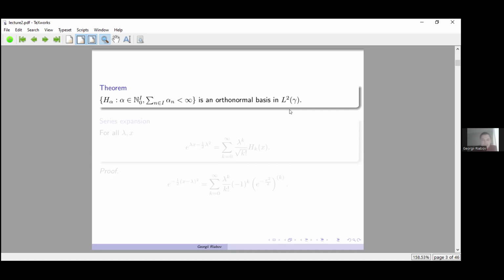So to check this, it is convenient to have the following series expansion. It turns out that if we expand exponent to the power lambda x minus 1/2 lambda squared into the powers of lambda, then the coefficient near lambda to the k is exactly the kth Hermite polynomial divided by root of k factorial.